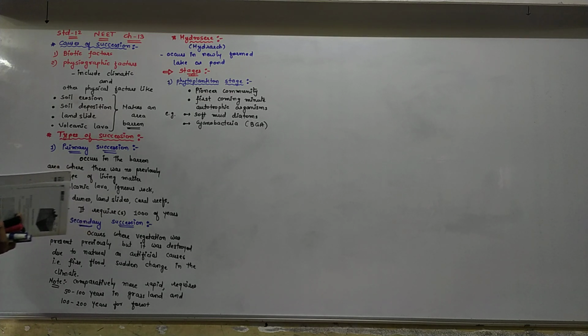You know that it is blue green algae, and in the cyanobacteria, Nostoc and Anabaena are included.